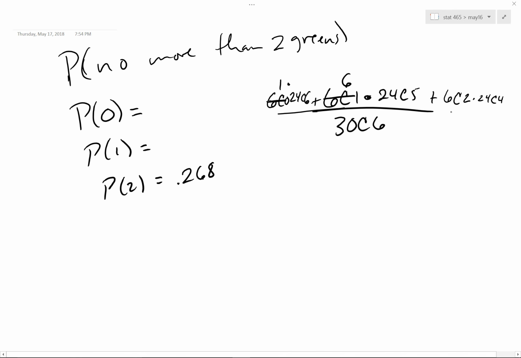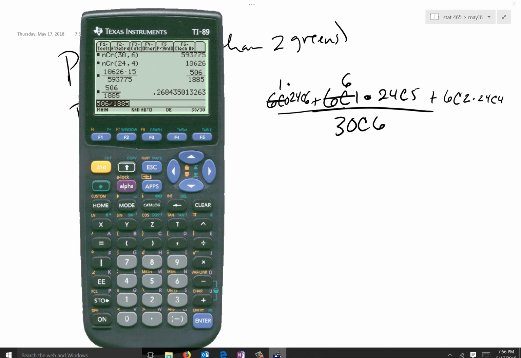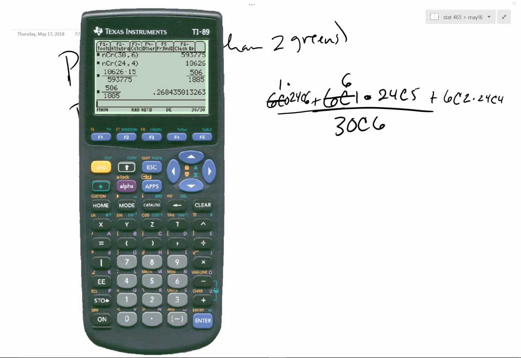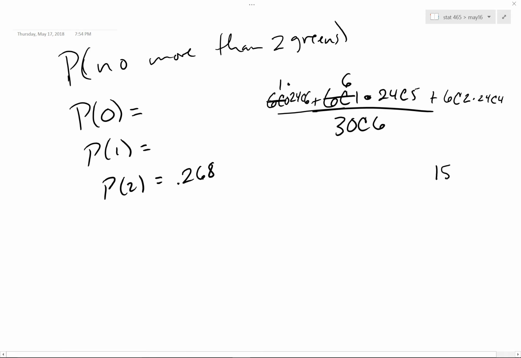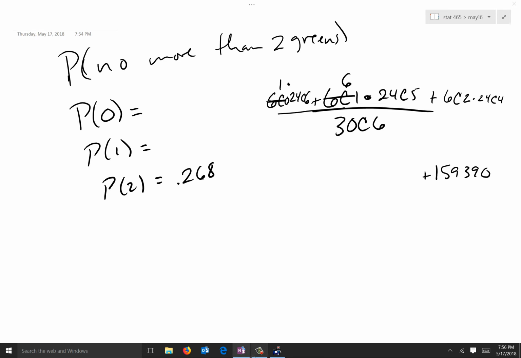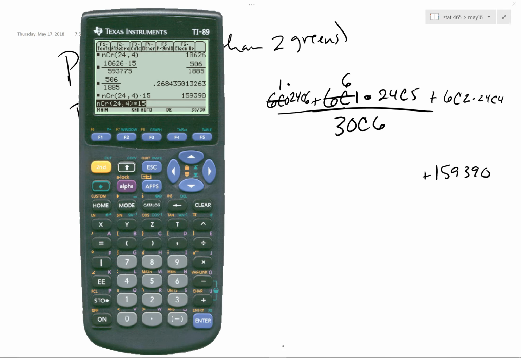Okay, so I'm going to go back into the calculator here. Maybe I should write these down. So there's 24 choose 4 times 15 we said. So this was 159390, plus, and then go grab that again.